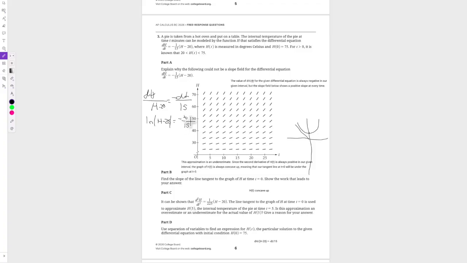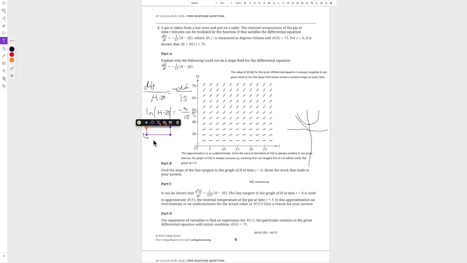And remember your plus c. And now you're going to take e to both sides, you're going to raise both sides to the power of e. So this gives you h minus 20 equals e to the negative t over 15 plus c. And you want to add 20 to both sides. So this is what you get as your final answer. You get h as a function of time is equal to this.